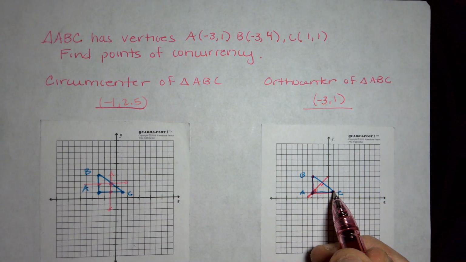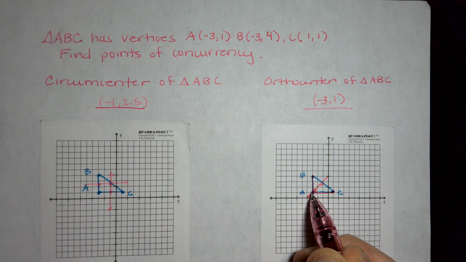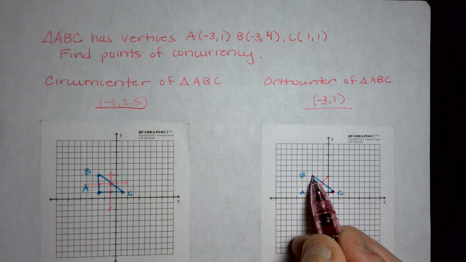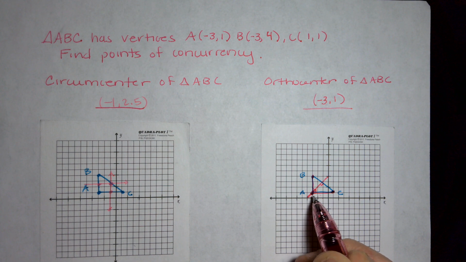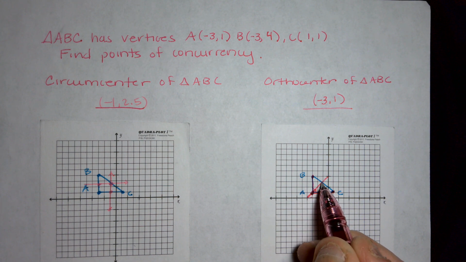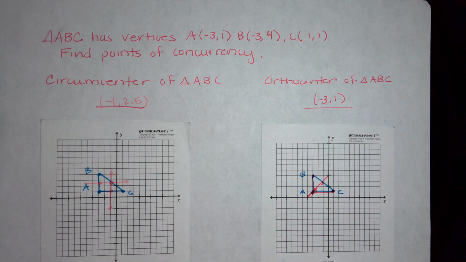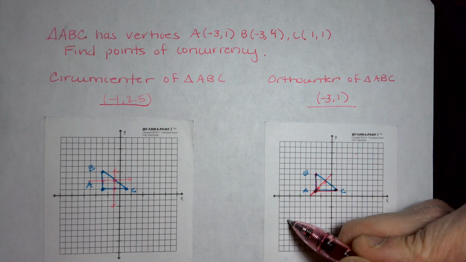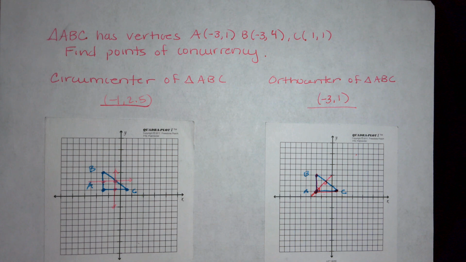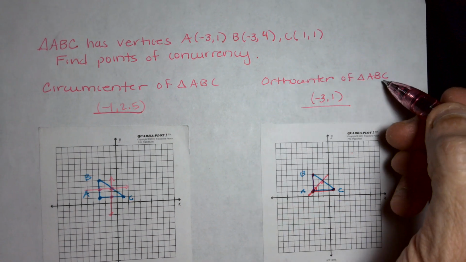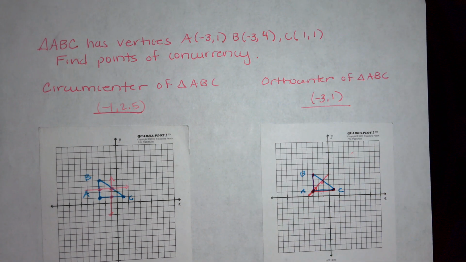Remember, take one vertex perpendicular to the other side, another vertex perpendicular to the other side, another vertex perpendicular to the other side. Sometimes you have to extend the lines past it, or it's on the line, so it just depends. When you do an orthocenter of a right triangle, look where it lands.